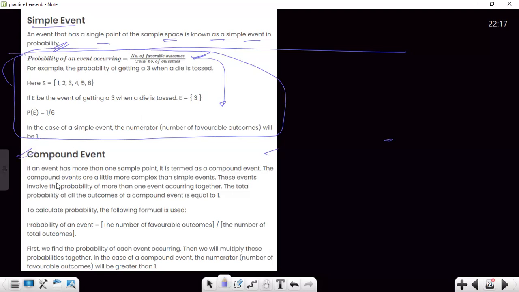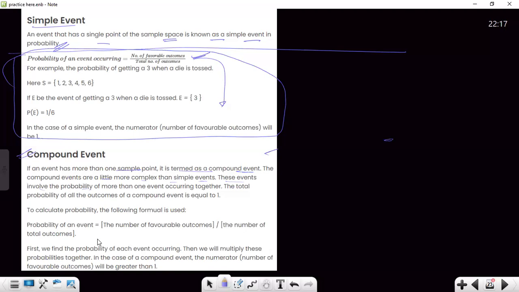Now let's talk about compound events. If an event has more than one sample point, it is termed a compound event, like tossing a coin or throwing a dice. Compound events are a little more complex than simple events. Of course they are. These events involve the probability of more than one event occurring together.